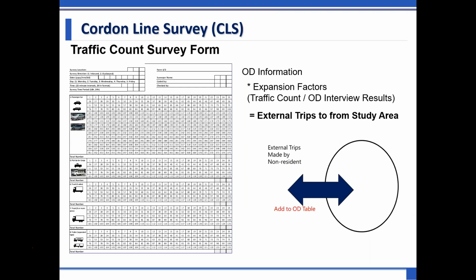Additionally, the traffic count divided by the number of samples collected by OD interview will be the expansion factor, by vehicle type, and it will be converted into the OD table between external areas.